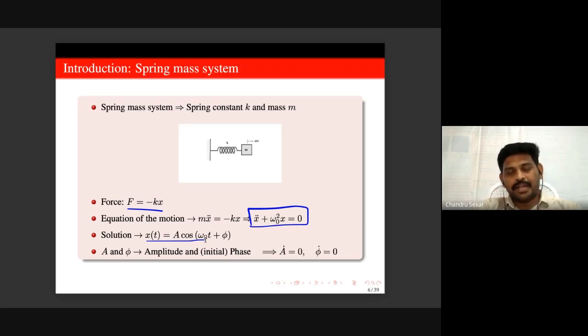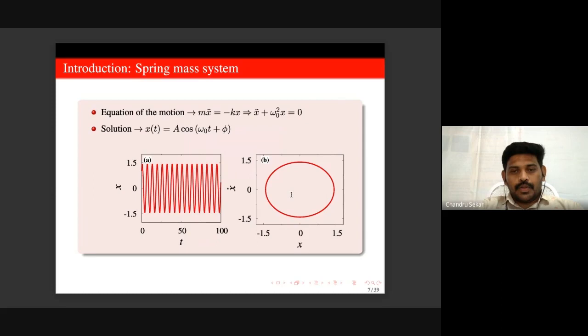Since a and phi are constant, the equations of motion for a and phi are a dot equal to 0 and phi dot equal to 0. The plot shows the time behavior of x and the phase portrait of the harmonic oscillator. Here it clearly shows the harmonic behavior of the system.